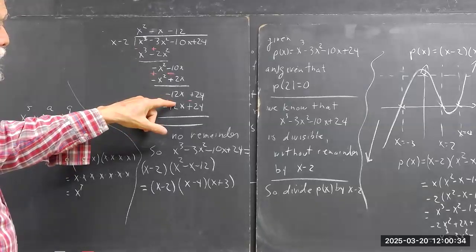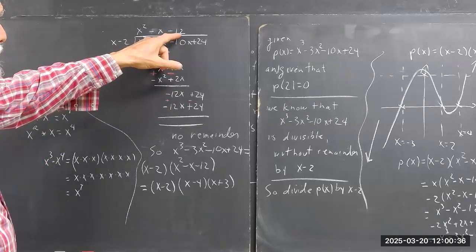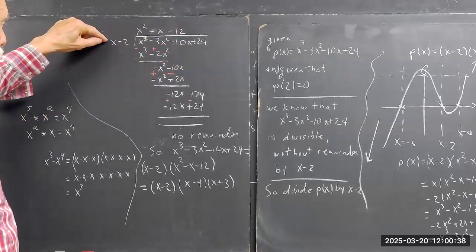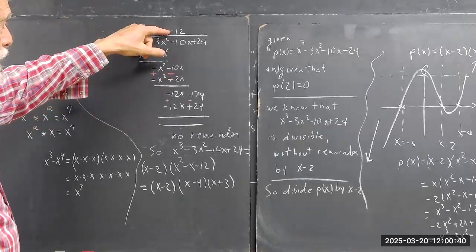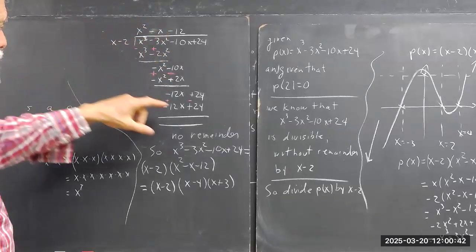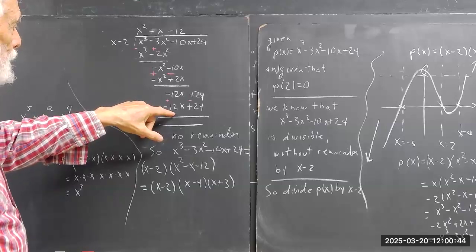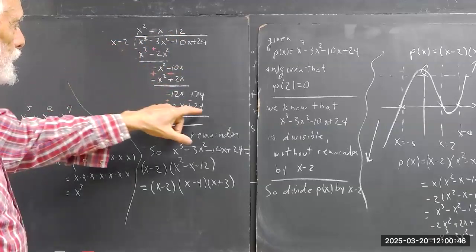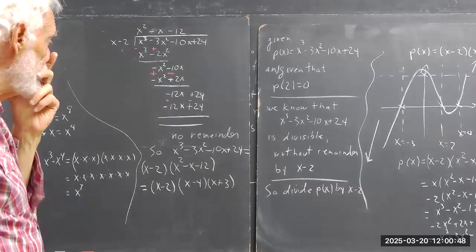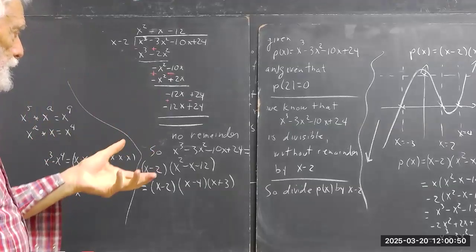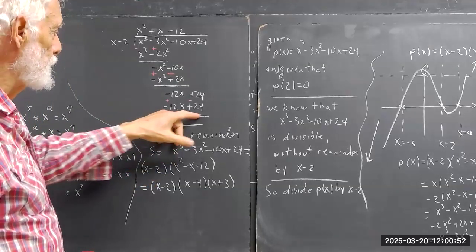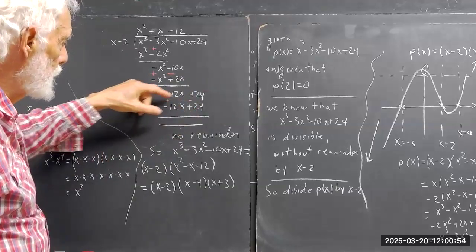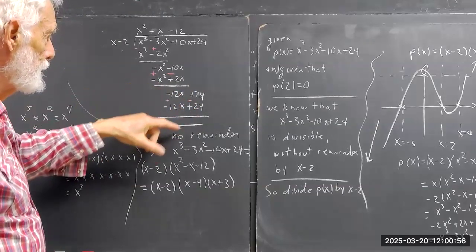And now what do I need to get -12x? Well, what would I multiply by x to get -12x? It would be -12. -12 times x gives me the -12x. -12 times -2 gives me a plus 24. And then if I continue to follow the algorithm, I have to subtract this from this, so I put my auxiliary signs up here.